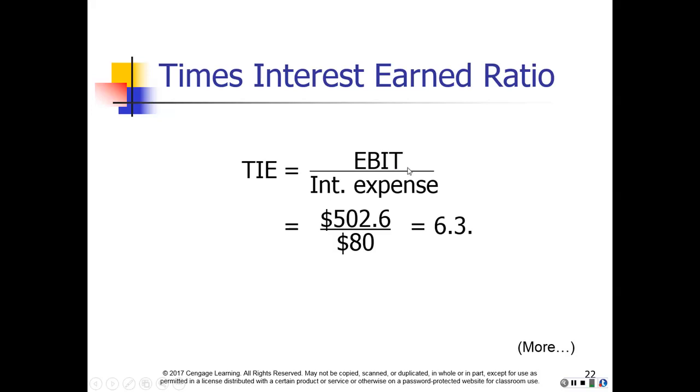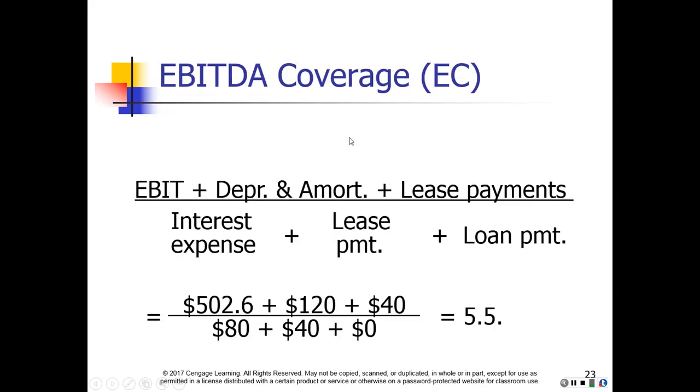We would want this ratio to be at least 1, preferably more, if we want the company to be profitable. For 2017, earnings before interest and taxes was 502.6 in thousands, divided by 80,000 in interest expense, and we get a times interest earned ratio of 6.3, which is actually pretty good.